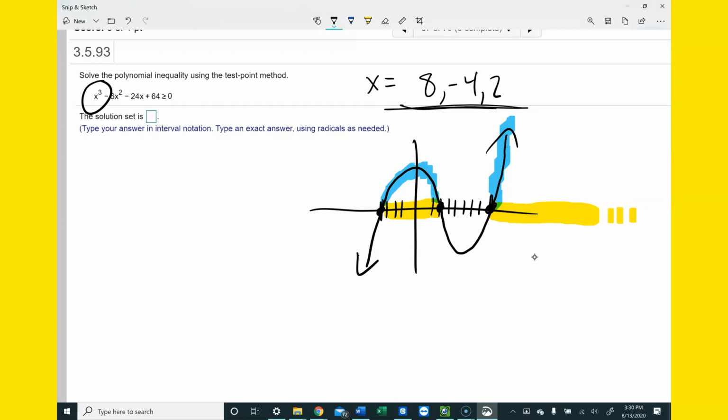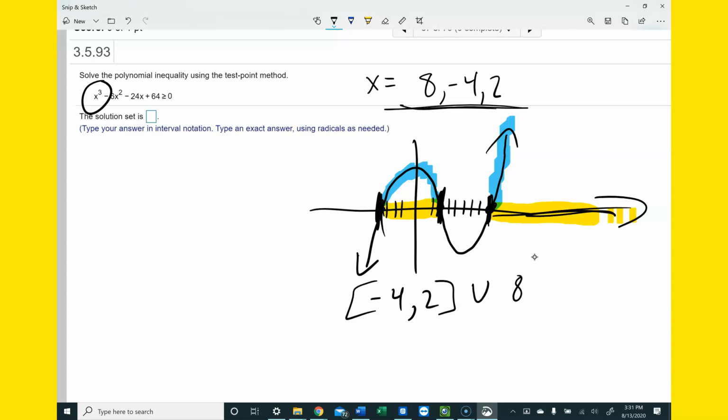From -4 to 2, and I'm going to include them because it's greater than or equal to 0, and all these values from 8 all the way to infinity. Include the 8 and don't include the infinity. That's another way to do it.